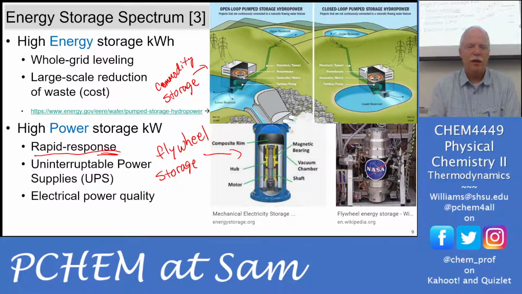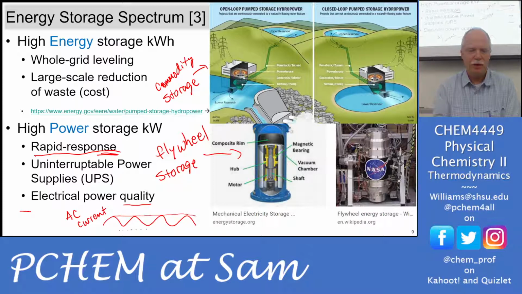So what does this mean, power quality? Well, power quality means that beautiful sine wave that we want from our AC current. And we don't want it dipping down. We also want that voltage to be maintained at 120 or 240.